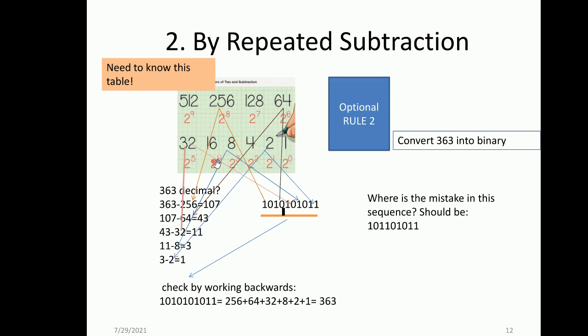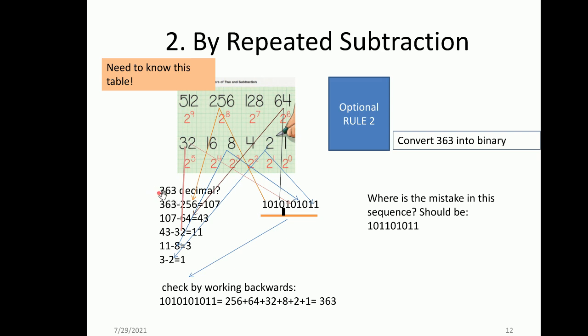So what I can do, and here's a completely different example, is convert 363 decimal into binary. So let's use this second rule instead of the first rule. Let's try it out.